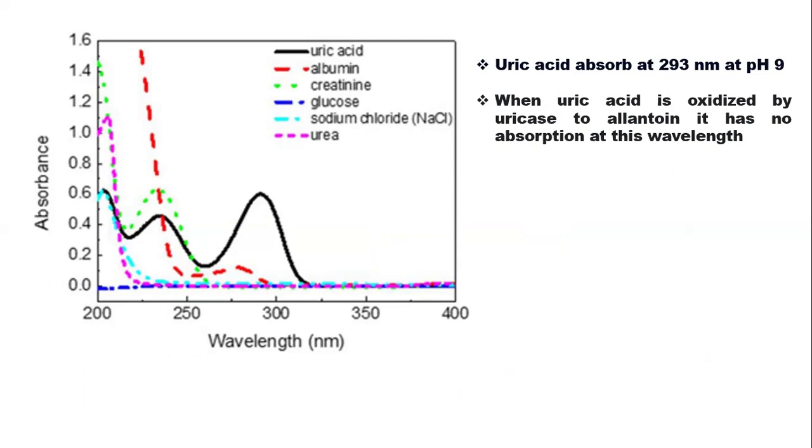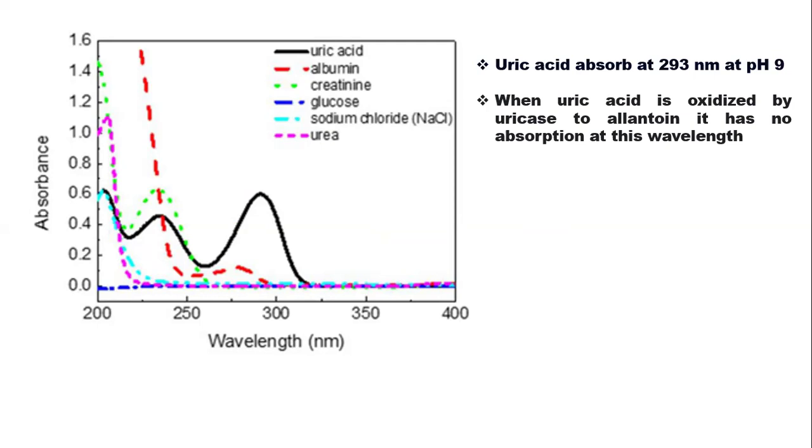When this uric acid is oxidized by an enzyme called uricase to allantoin, and you take the absorbance of that allantoin, you will see that at that wavelength, 293 nanometer, it does not absorb. So when uric acid is oxidized by the enzyme uricase to allantoin, there is no absorption at that wavelength.